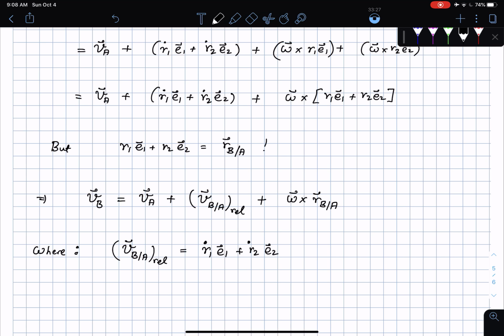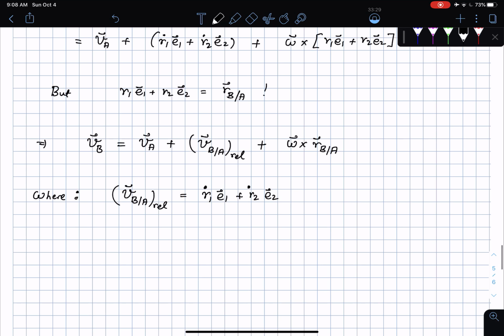What is the meaning of this term? Okay, here is the meaning. VB slash A relative tells me, okay, hey, if I fix the rotation of A, if I don't rotate the body A, but I just let the points A and B move relative to each other, here is the relative velocity.